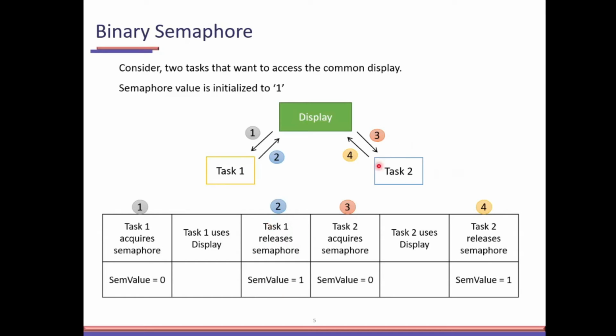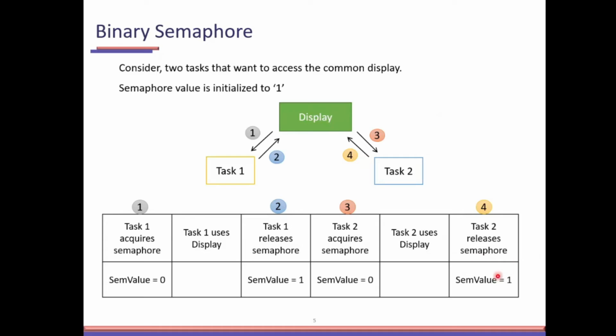Then task 2 acquires the semaphore. As the value is 1, it is available for use, so task 2 acquires it, and on acquiring, the semaphore value again becomes 0. On successful acquisition, task 2 uses the display, completes the operation, and after completion releases the semaphore.